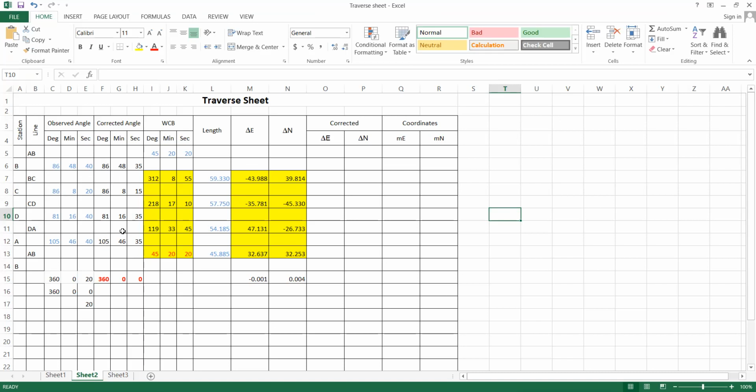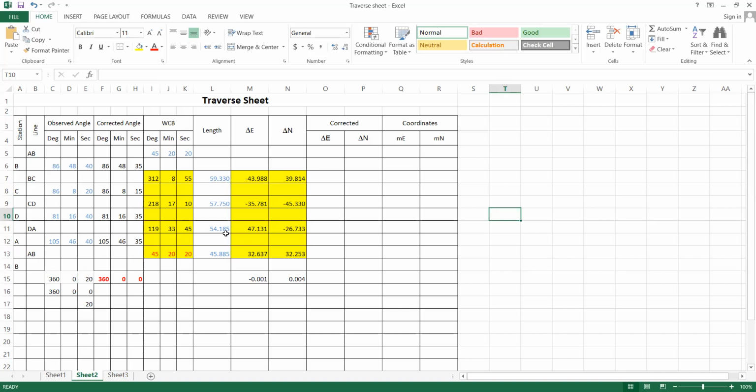So we can think about, okay, these angles are okay, but there can be some errors in the lengths also. For example, this 59.330. In the real one, it can be 60.330, but you wrongly measured it. Then what will happen?